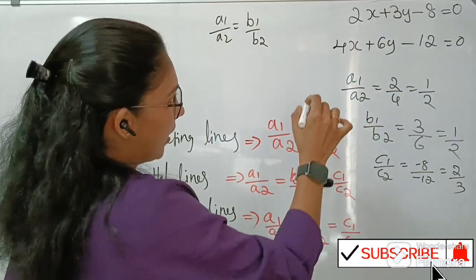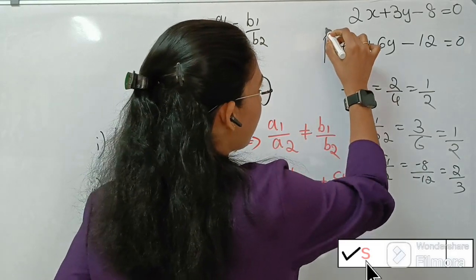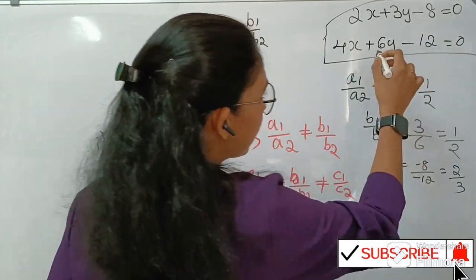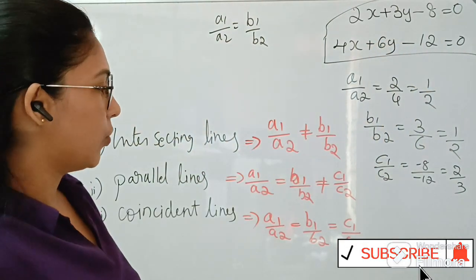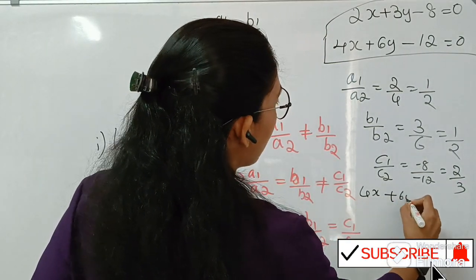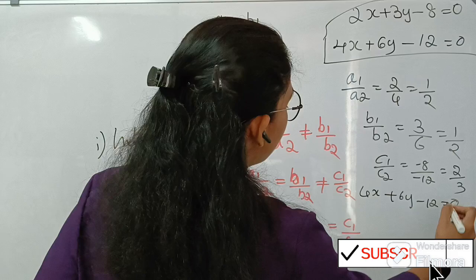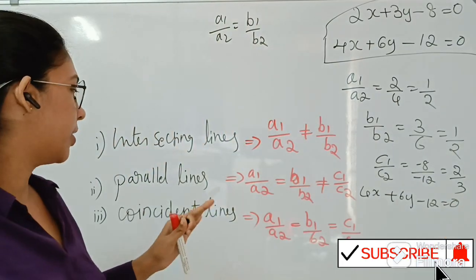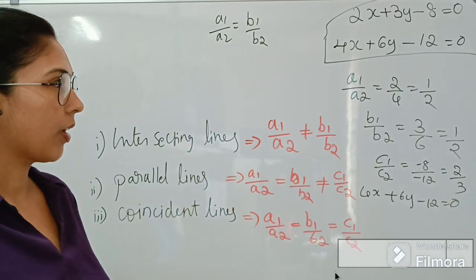So we can make a possible combination like this, that is 4x plus 6y minus 12 equal to 0, and this is the condition for parallel lines.